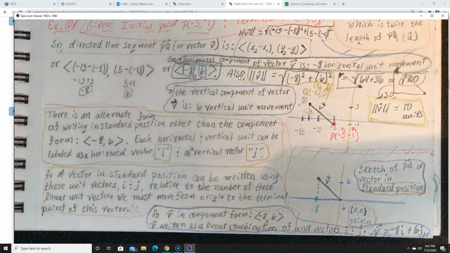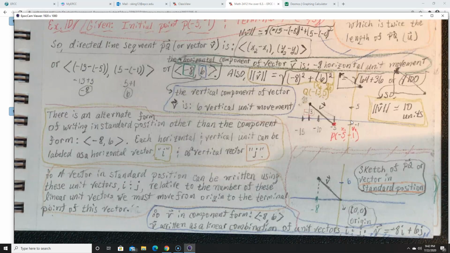So, okay. Now, if we take this whole collection, infinitely many, of equivalent directed line segments, where you have an initial point and you move horizontally left 8 units and then up vertically 6 units and draw your directed line segment, if we decide to move this initial point and put it right at the origin, it becomes very useful when we want to put an angle in there for the direction of the vector or the direction of the line segment.